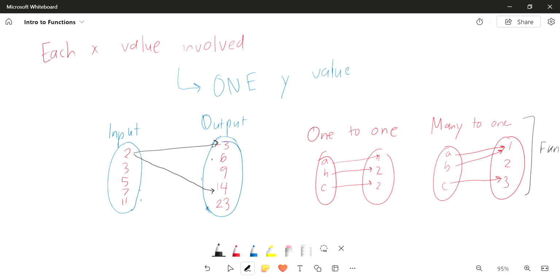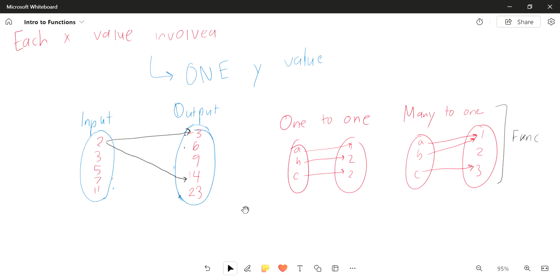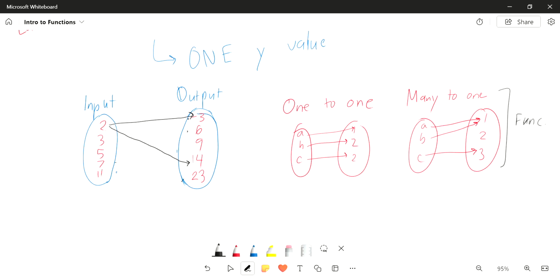And that works back in the cheeseburger example because you got two burgers for the input price of one burger. Or you could think of it as you got a burger and a slice of pizza for the input price of one burger. That doesn't work. And that means it's not a function. And we call this type of relationship one to many.